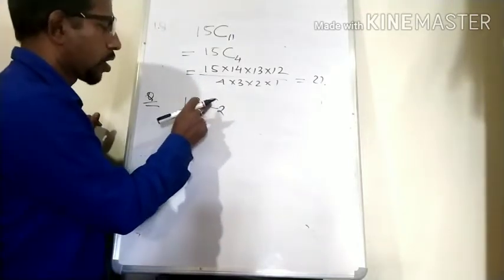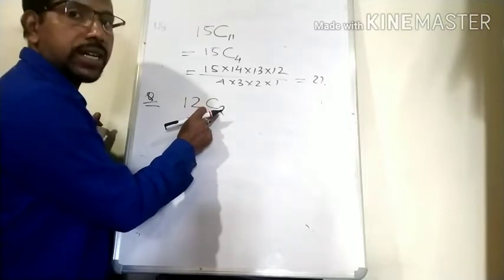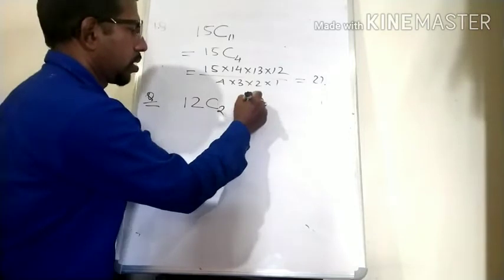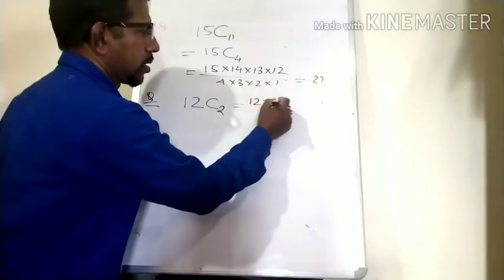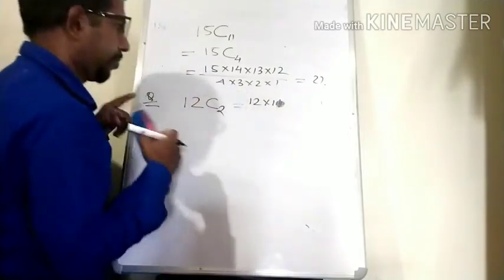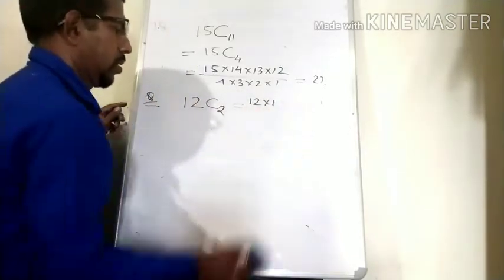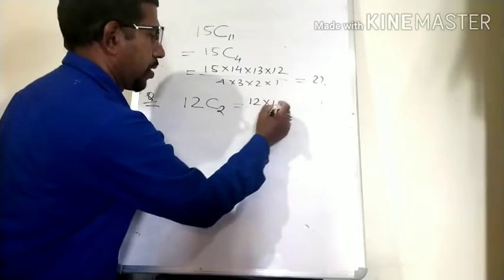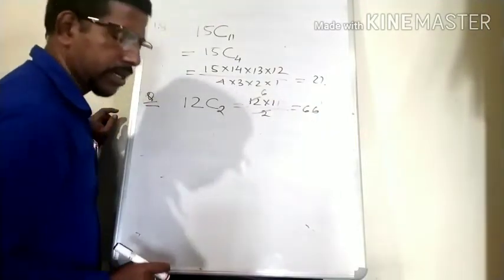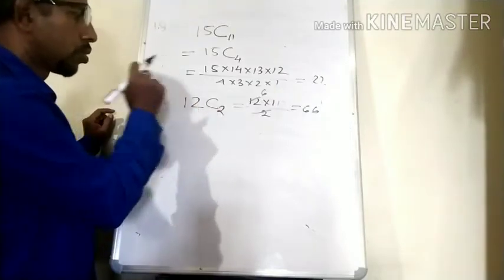Straight lines can be obtained by joining 2 points. So 12C2 will be 12 into 11 by 2. So it will be 66. So 66 straight lines can be obtained out of 12 points.